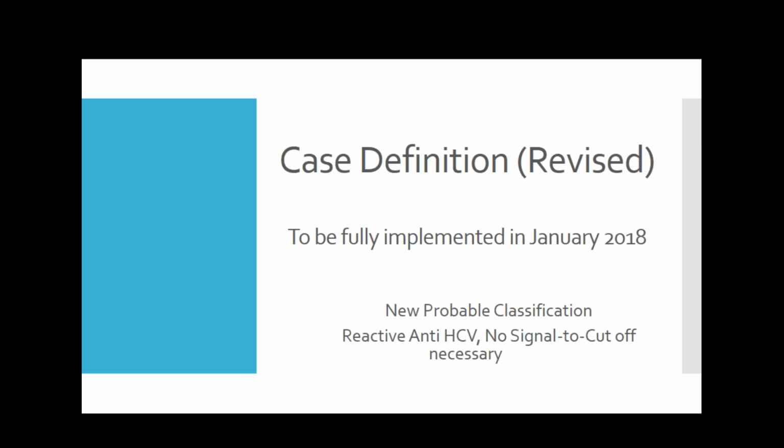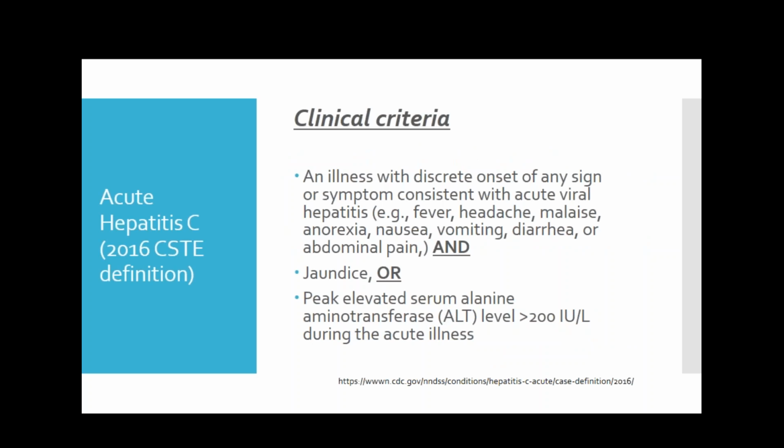Of note, what's really different in this case classification, what will be different moving forward compared to what we've been doing, is there'll be a new probable classification. Likewise, all positive, that means all reactive anti-HCV, irrespective of signal to cutoff, will be reported and be used to classify a case. So first, let us look at acute HCV.